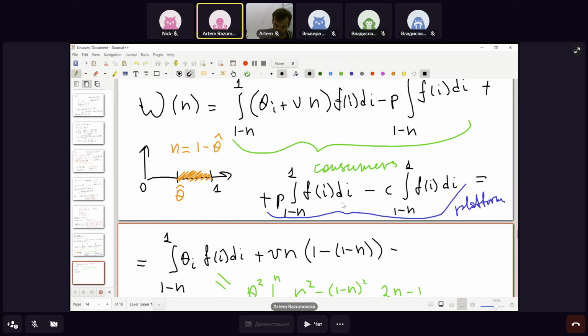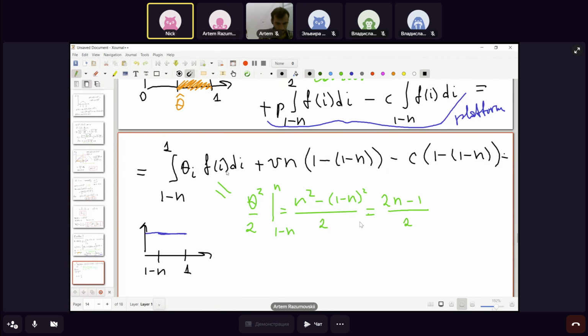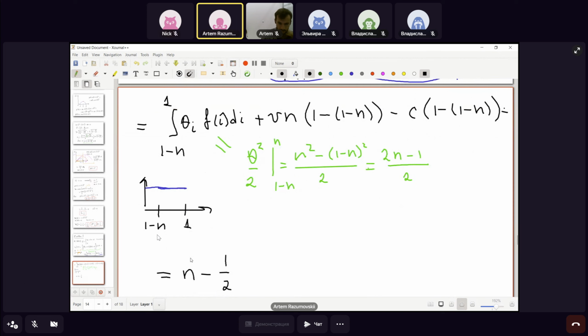And then we have minus c and the same, 1 minus (1 minus n). So let me rewrite. So that's n minus one half. We just used the property of the uniform distribution, right? Yes, the PDF of the uniform distribution from 0 to 1 is just 1.